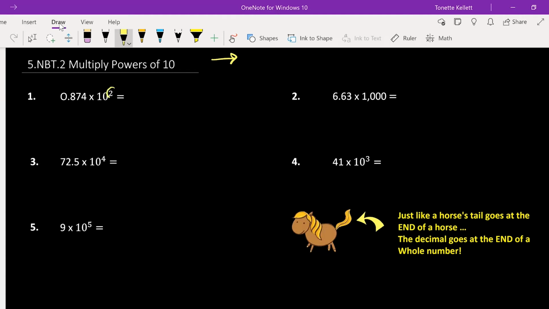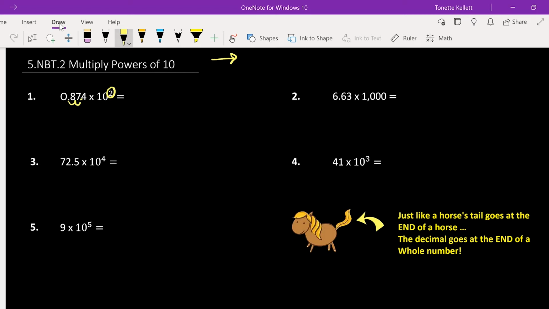So the exponent tells us how many places you're going to move that decimal. This number 1 has 2 for an exponent. That means you're going to move the decimal 2 places to the right. So we start right here, and we go 1 space, 2 spaces, and put a new decimal right there.